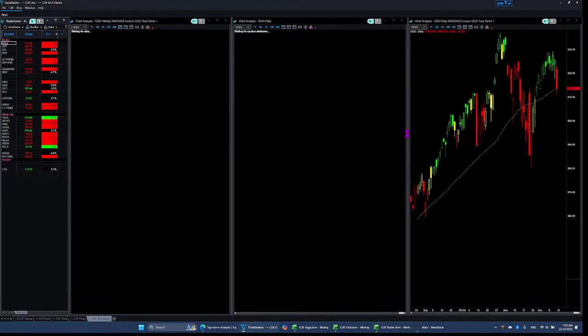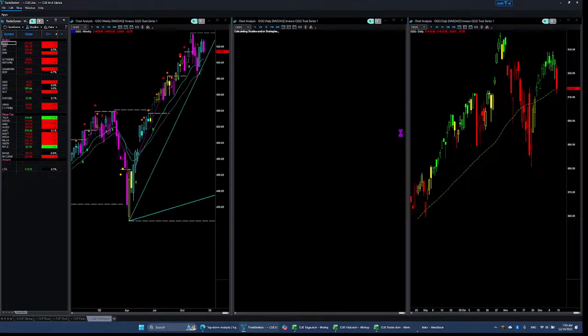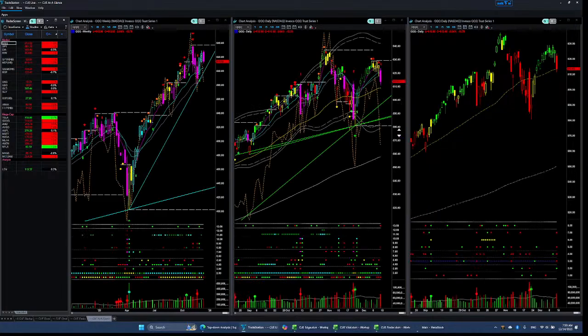QQQ currently is underperforming the market. Relative performance line is sharply tilting down, and that is expected because mega caps are underperforming and QQQ is most influenced by mega caps.